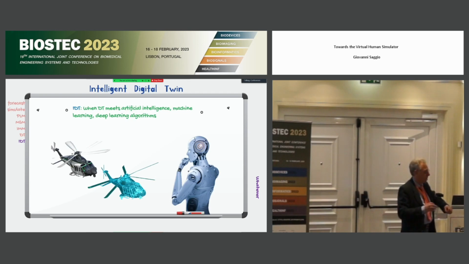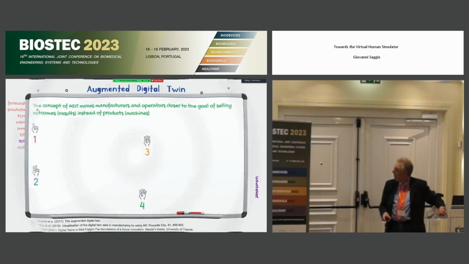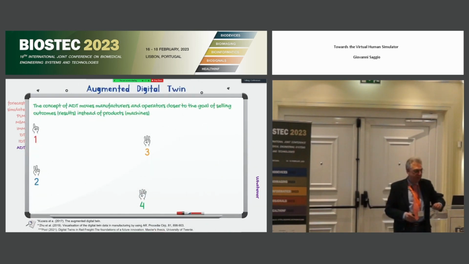So if you think of adding to all the previous things that I mentioned also artificial intelligence, you talk about the intelligent version of the digital twin, of course. It seems that we concluded the vision, no? Because we got the augmented digital twin.